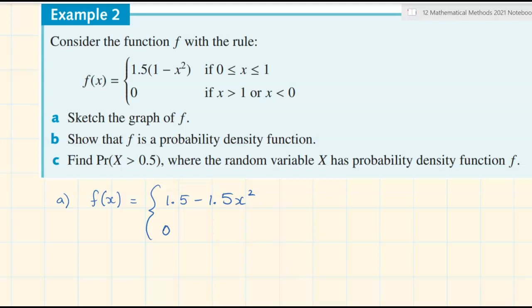Negative b on 2a. So my x-intercepts are 1 and -1. What's halfway between those? 0. Sub it in. You get your maximum.